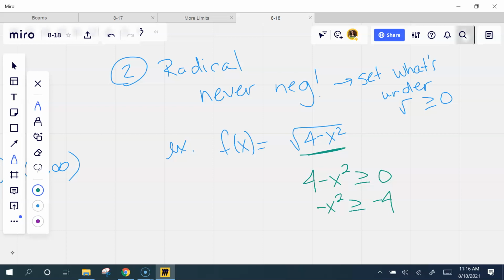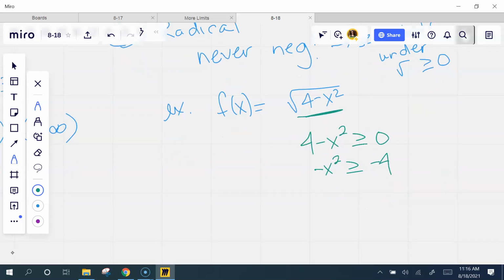Everything under there has to stay positive. So you're going to have to solve this for x. So divide by negative. What happens when you divide by a negative? The sign flips.